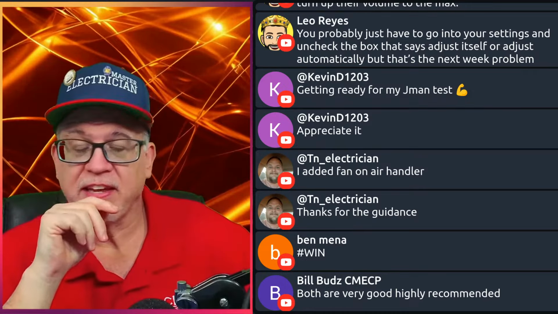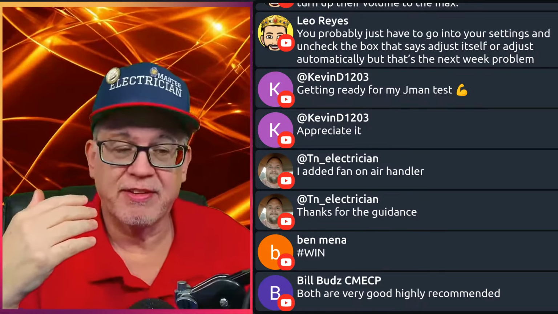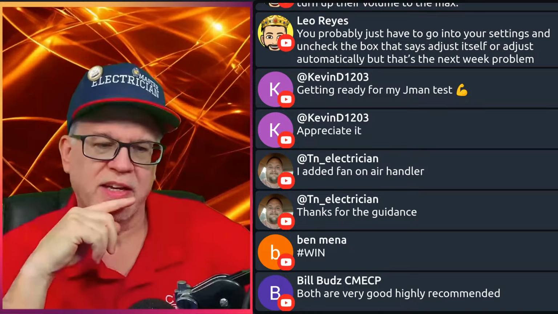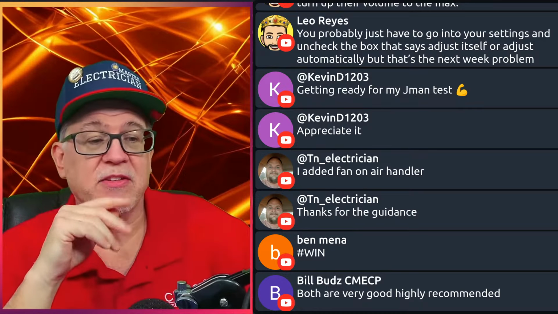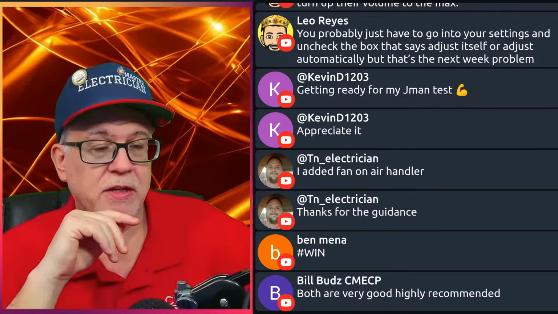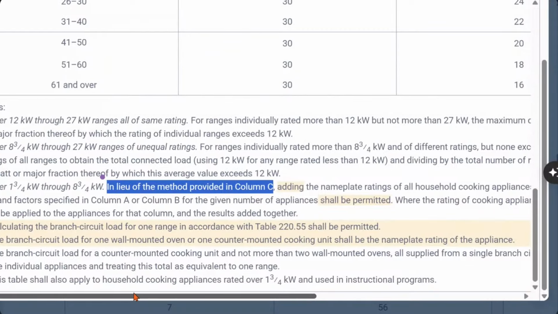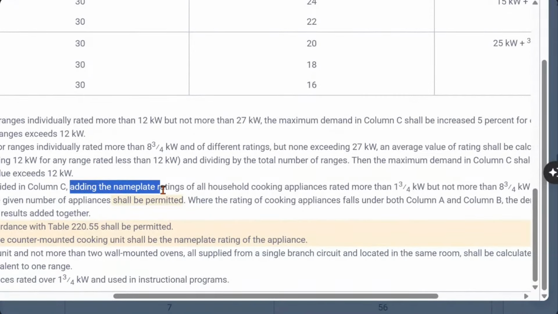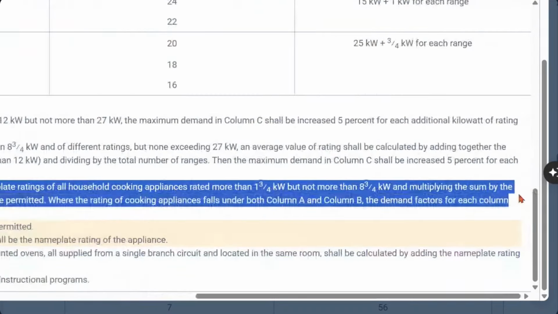And this rule right here tells me, in lieu of, instead of, going to column C, just turn around and go to column B, because both of those appliances fall under column B, right? So then what does it say? It goes on to say, in lieu of that, just adding the nameplate ratings of all household cooking appliances rated more than 1.75 but not more than 8. And that's what we did.